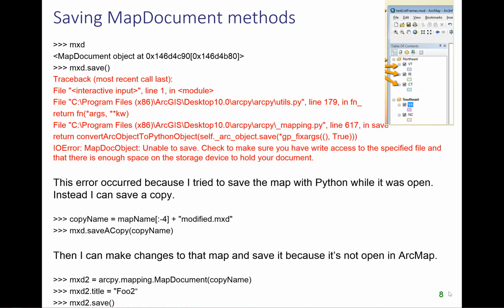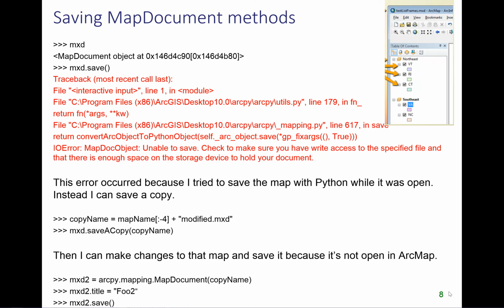So that's why it throws an error and starts talking to you about the amount of storage space, but that's not the real problem. It's a standard I/O error that is occurring because the document is in use with another application that has locked it.